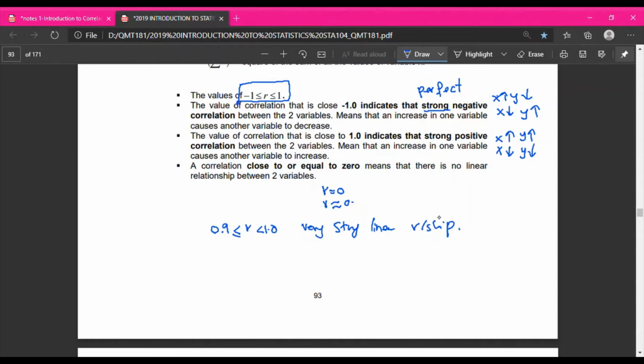Kalau r di antara 0.7 until 0.89, it is a strong relationship.